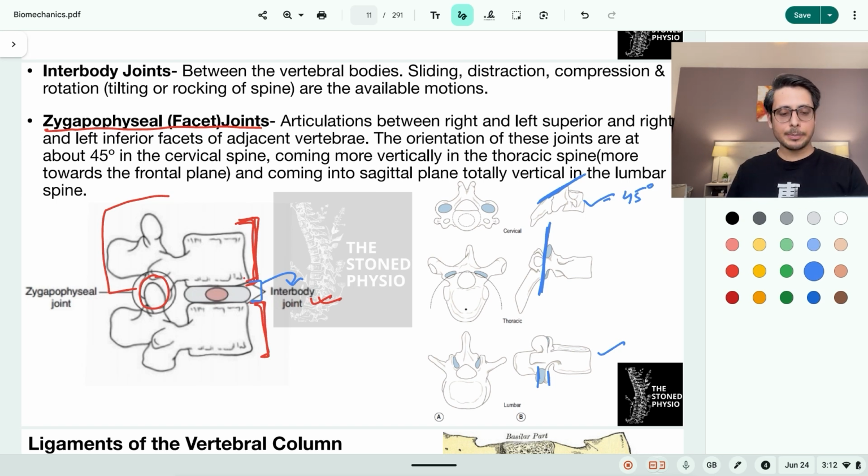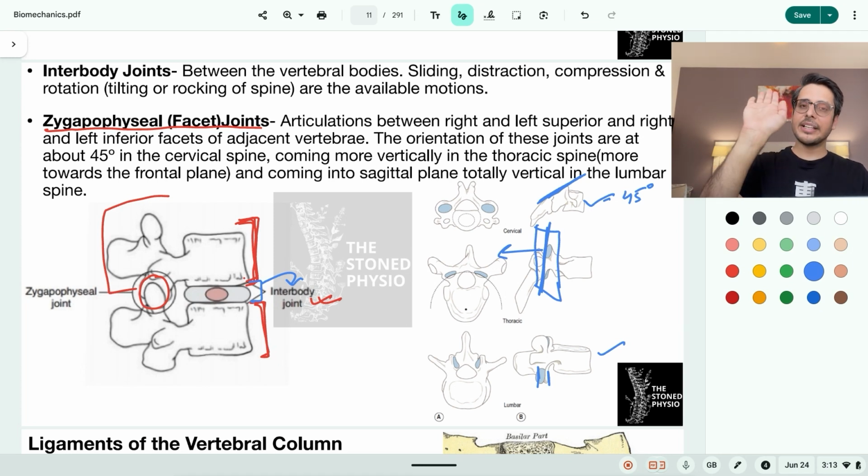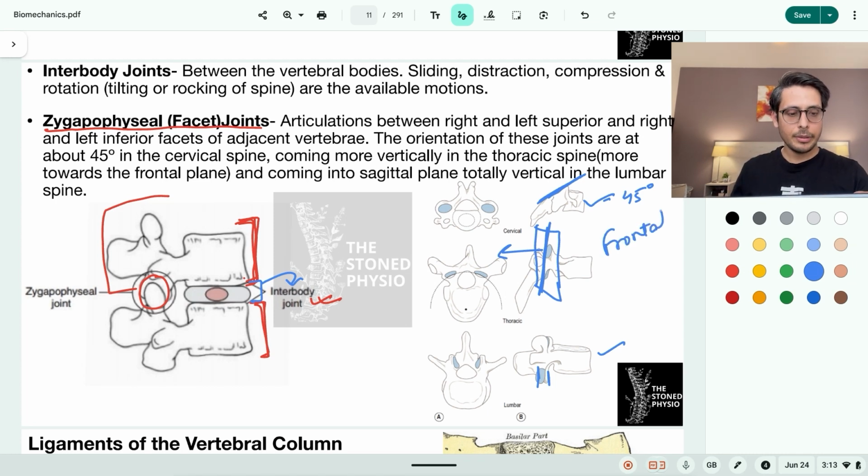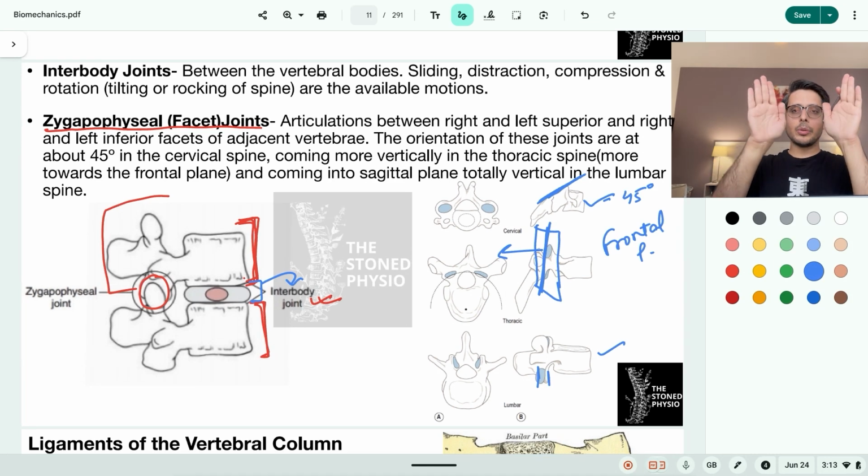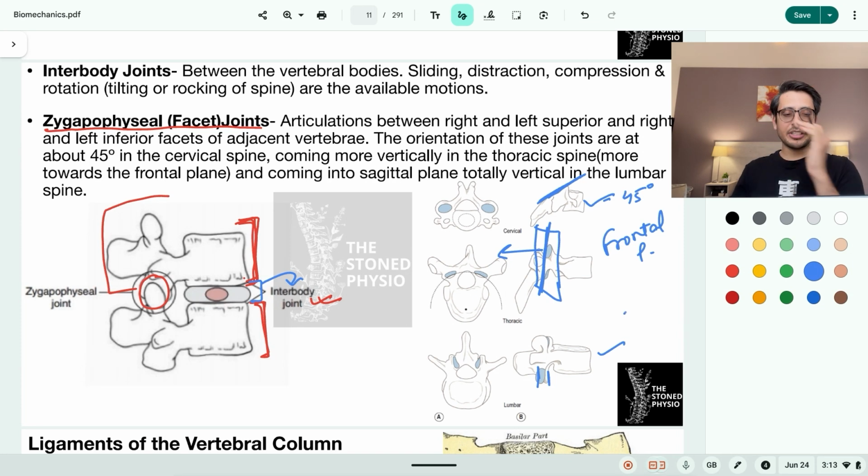In the thoracic spine, it follows the frontal plane, so it's facing forward, and the facet aligns mostly with the frontal plane. As we go down to the lumbar spine, the facets start facing each other, and hence it's more in line with the sagittal plane.